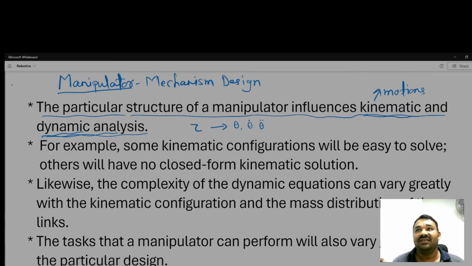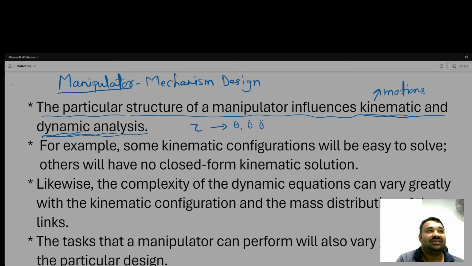So this is the difference between kinematic and dynamic analysis. The kinematics and dynamic analysis depend upon the particular structure. And what may be the particular structure? It could be Cartesian coordinate, cylindrical, spherical, scalar.